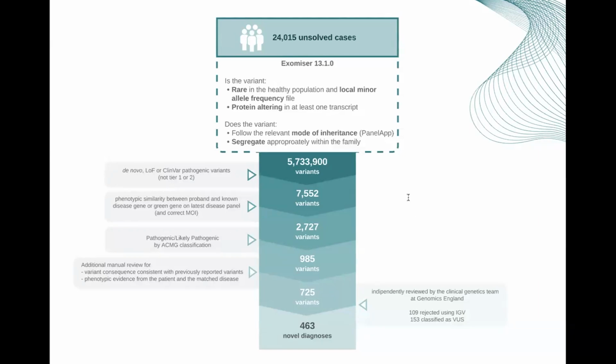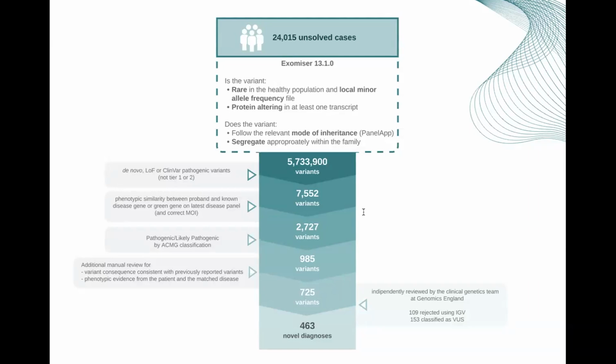So finally, this set of 725 candidates was independently reviewed by the Genomics England Clinical Genetics team, which is composed of both clinical scientists and geneticists. And this led to the identification of 463 novel diagnoses.